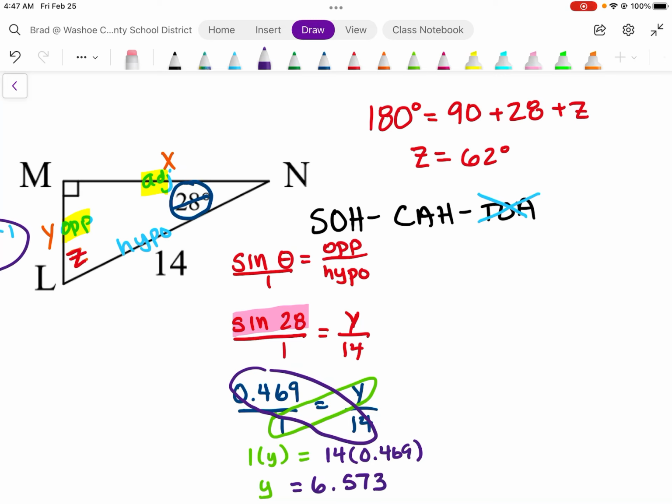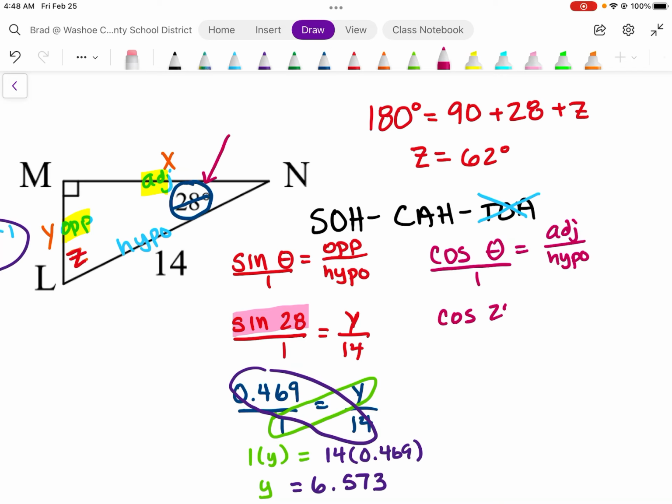Cool with that? Alrighty. Now you could do the Pythagorean theorem if you want to. I'm just going to use another trig function. Here we use cosine of theta is adjacent over hypotenuse. We'll do the same thing, cosine over 1. I'm still going to use that 28.